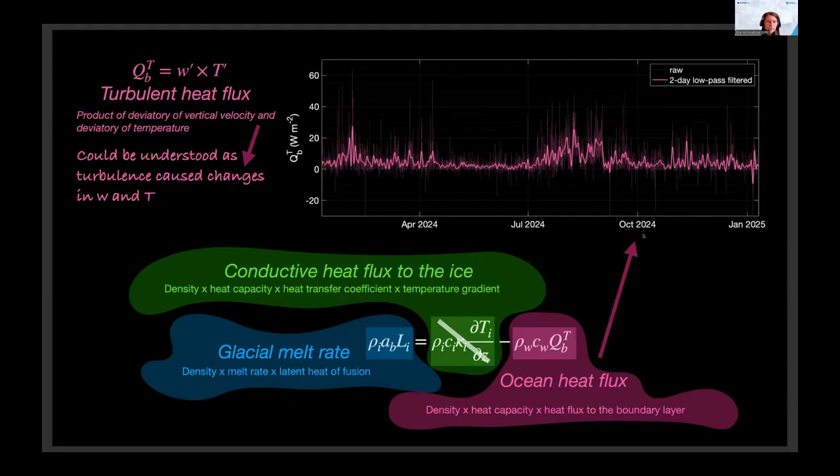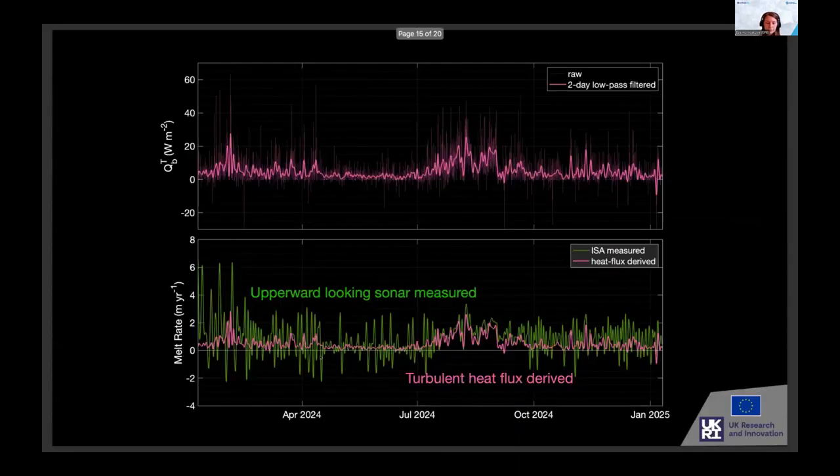So from the equation here and the pink line here, we can get the glacial melt rate from our turbulent heat flux, which is shown in this pink line. The pink one is the turbulent heat flux derived melt rate.